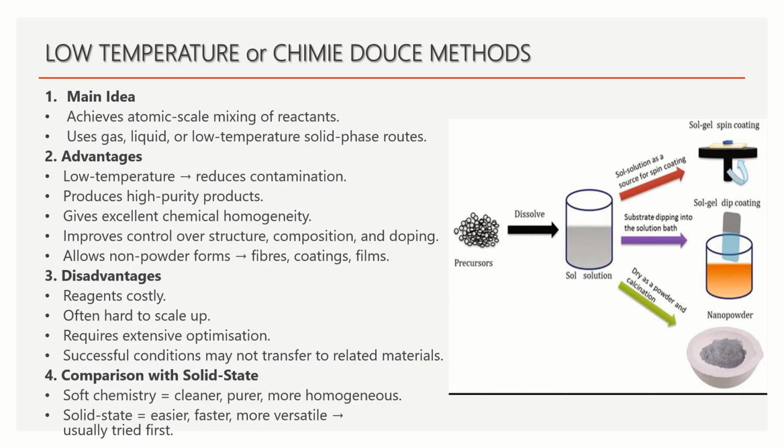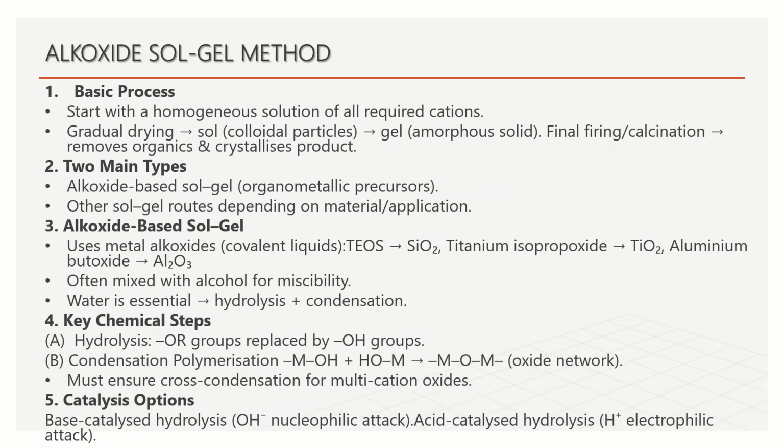Now, let us discuss one of the most powerful and widely used soft chemistry methods, which is the alkoxide sol-gel method. The sol-gel method is like turning liquid into jelly and then heating the jelly to get the solid ceramic powder.